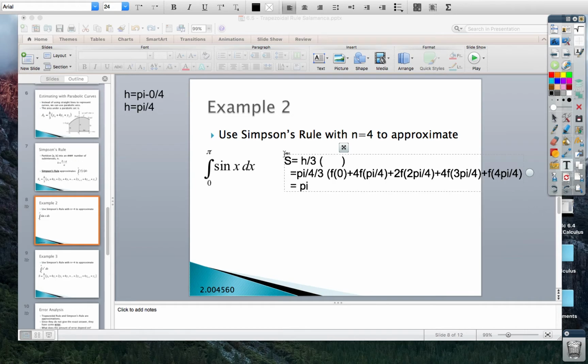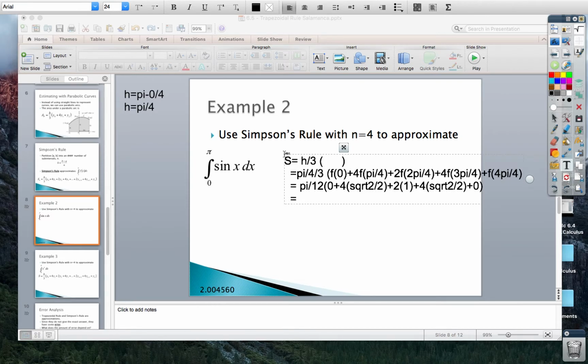Again, this simplifies to pi divided by 12, and f of 0 is 0, plus 4 times square root 2 divided by 2, plus 2 times 1, plus 4 times square root 2 divided by 2, plus 0.